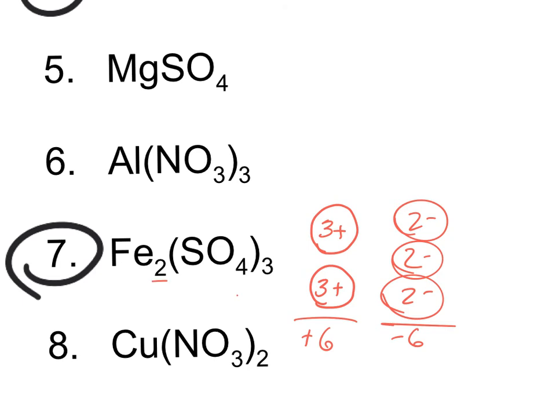Okay? There are 2 iron ions, there are 3 sulfate ions. 3 sulfate ions give me a total -6 charge, and if I'm going to balance that -6, I need a +6. Each of these ions for iron must be 3+. All right, that's one way to look at it. Here's another way. Really, we could do a reverse crossover.